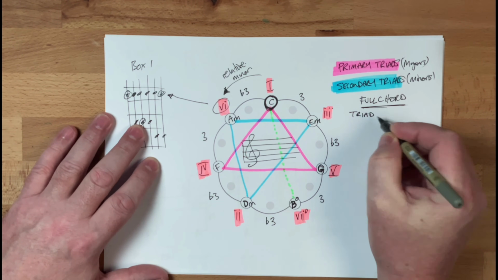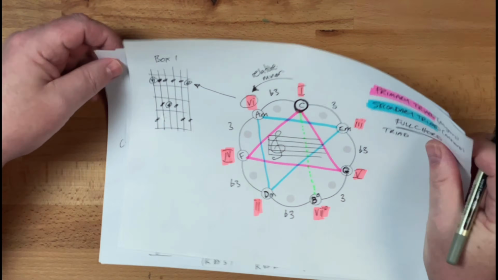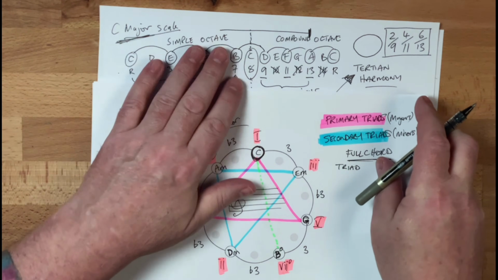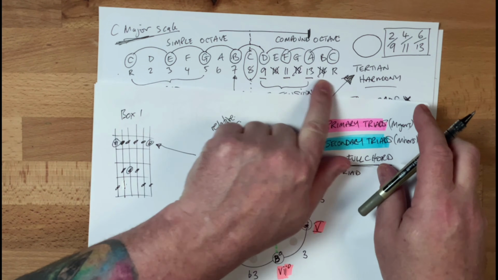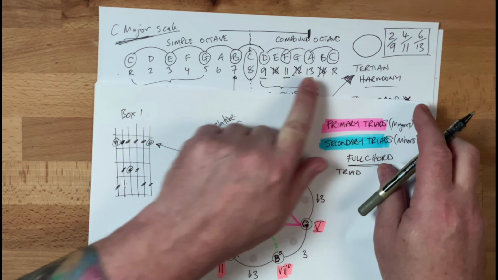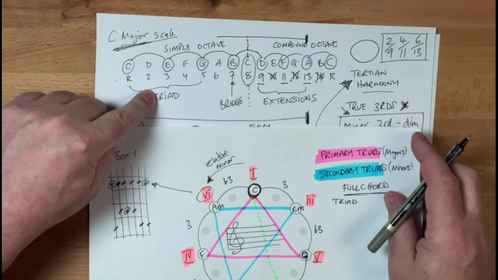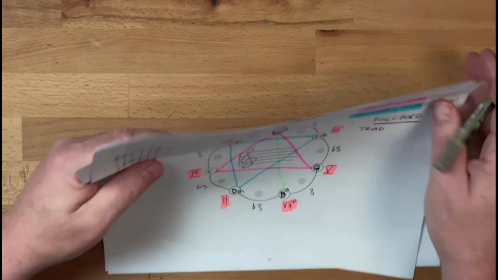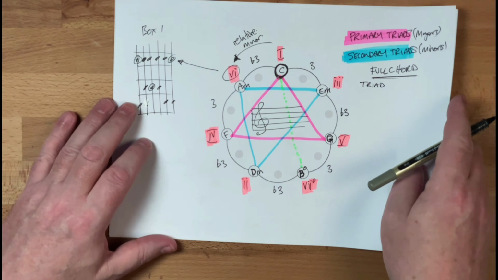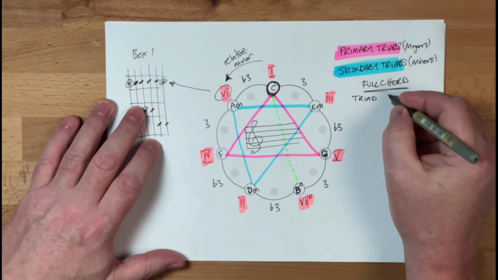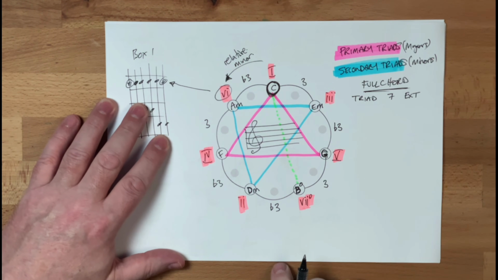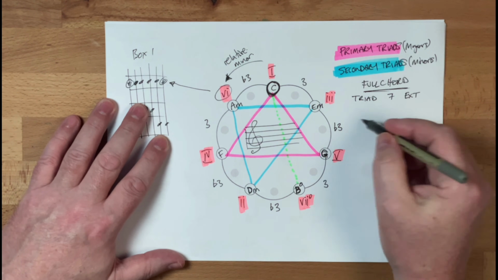Like I did before when I looked at it in the simple octave into compound octave. Remember what we had is we had the triad, we had the 7th, then we have the extensions. And this is what I want to show you. This is what the circle of thirds does. Okay, so we get the triad, we get the 7th, and then what happens is we get the extensions, okay? So we get triad, 7th, extensions.